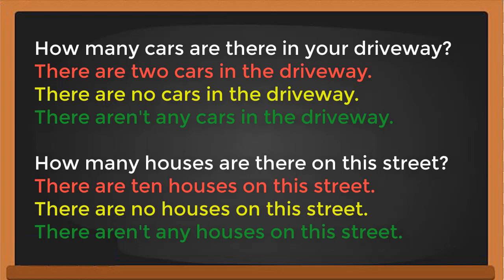It's the same, with "no." And then, how many houses are there on this street? You can answer, there are 10 houses on this street. There are no houses on this street. There aren't any houses on this street.